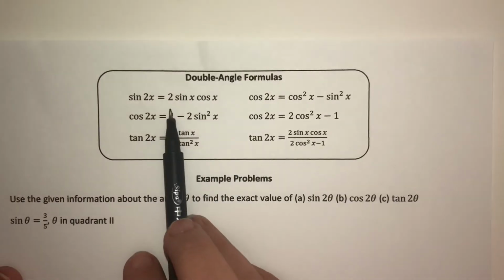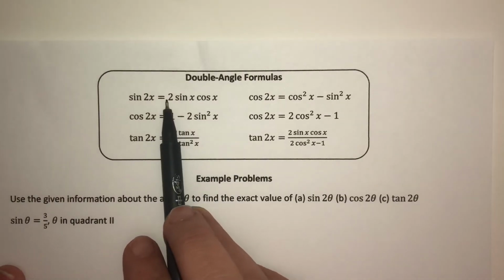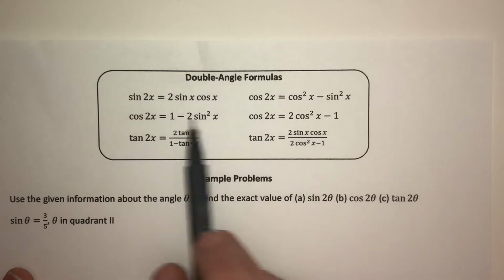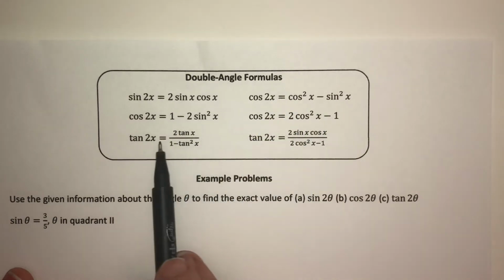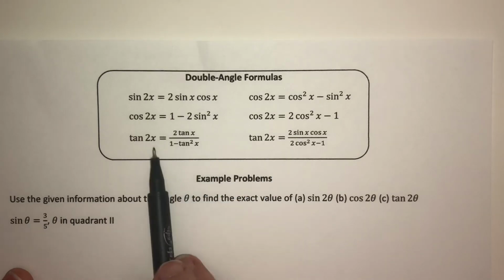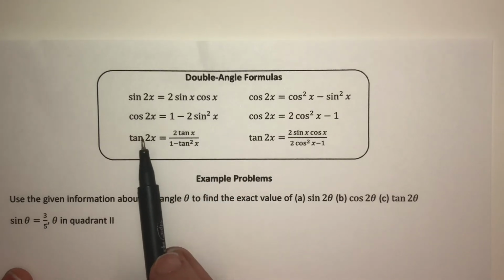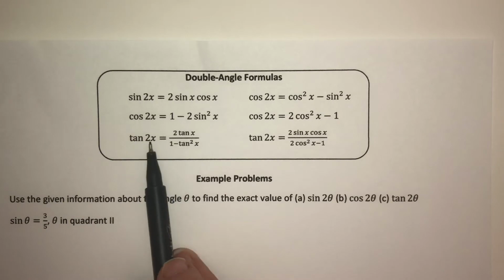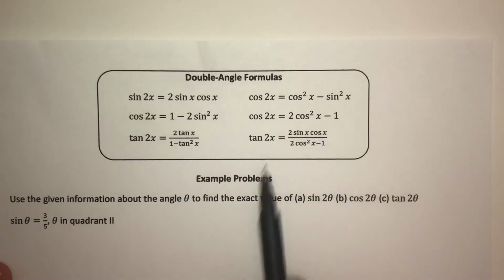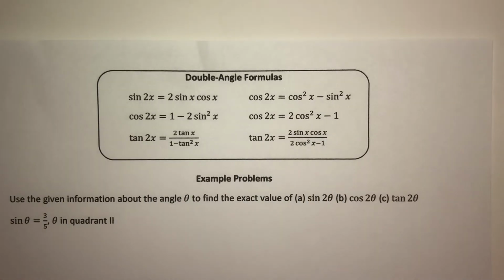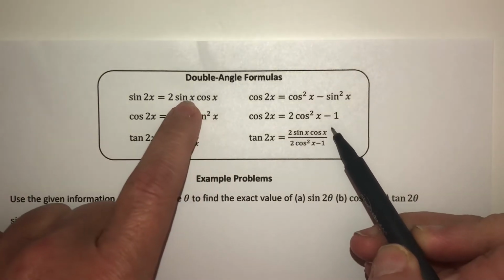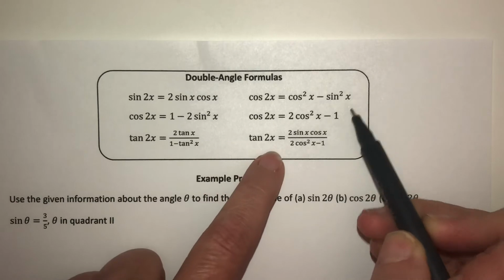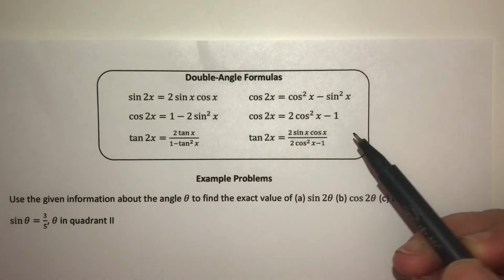We have 1 double angle formula for sine, 3 for cosine, and they are all equivalent, so it doesn't matter which is which. And then I've just chosen the one we got directly from adding using x plus x, and this is just one of the other options for tangent of 2x. So this is the double angle for sine, and this is one of our double angles for cosine.